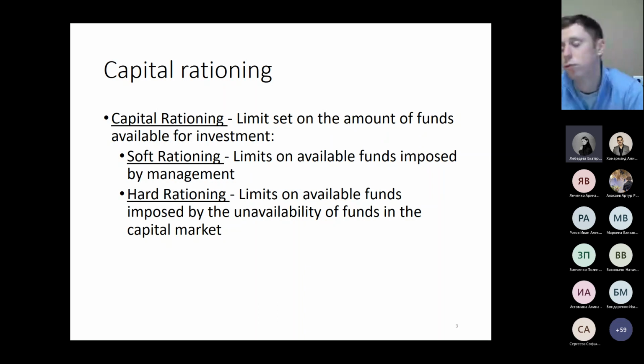In terms of soft rationing, in case you find some perfect, bright investment opportunity, you might persuade your management that it's worth implementing, and they might agree to allocate more resources. In case of hard rationing, there are no other resources available, and so this constraint is a stronger one.